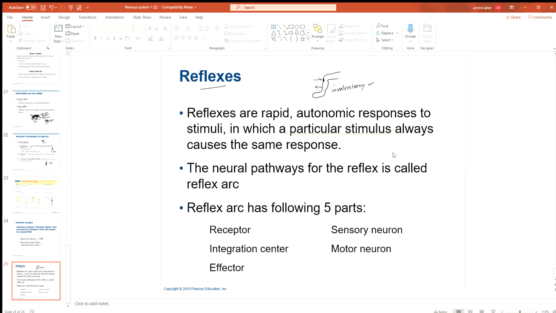Number two, every time it responds, it will move this way. So the response should be the same way.